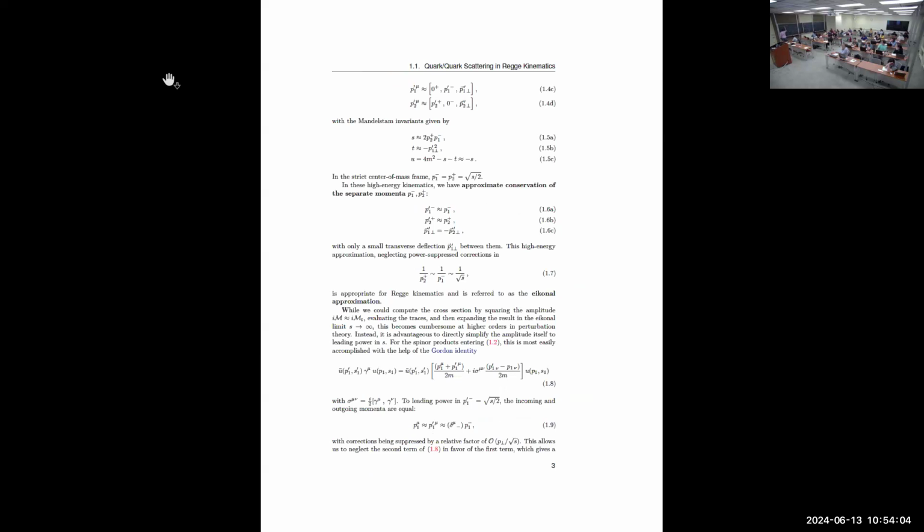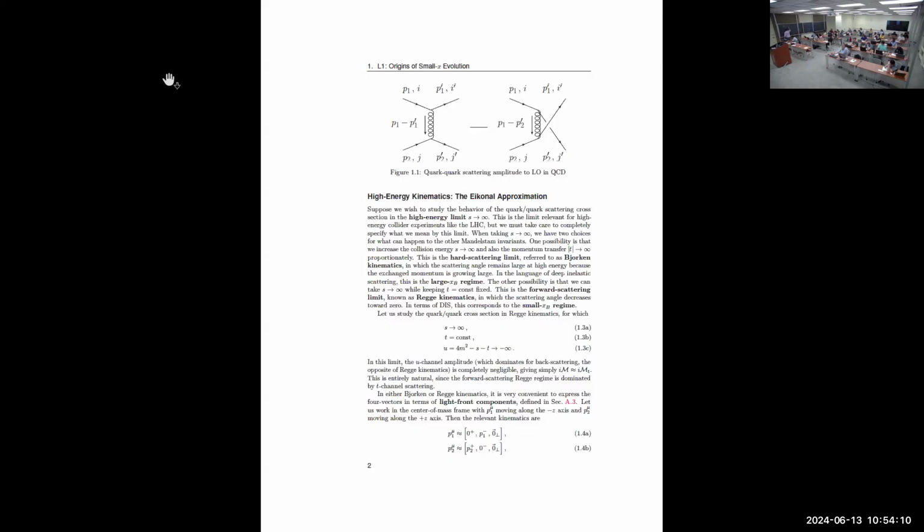So let's say P1 plus, the light cone plus component, I'll solve as P perp squared plus M squared over 2P1 minus. In general, I could have a P1 perp, but that's up to me. I choose the frame in which my collision is happening. Usually I choose a center of mass frame of some kind where P1 and P2 are coming straight at each other and not along some crossing. So by simple frame choice, I can pick P perp equals 0.